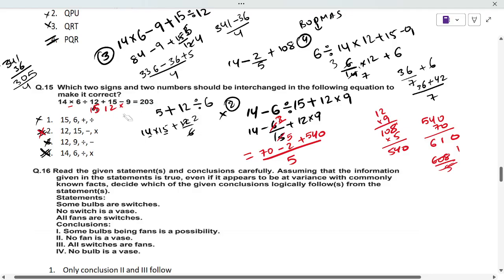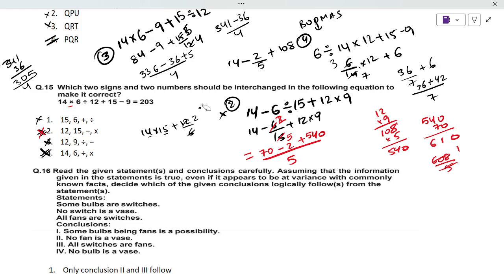So let's do it once more. So here 14, 6 and 15 need to be interchanged, and then plus and division. So here into, we have 6 here, 6 and 15, that means here 15 will be here, division becomes plus, and then next one is 12, plus becomes division, 15 becomes 6 minus 9.